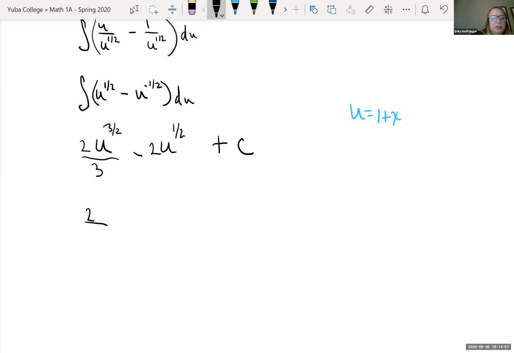So we have 2 over 3, that's the square root of 1 plus x cubed, minus 2 times the square root of 1 plus x. And then we have our plus c.